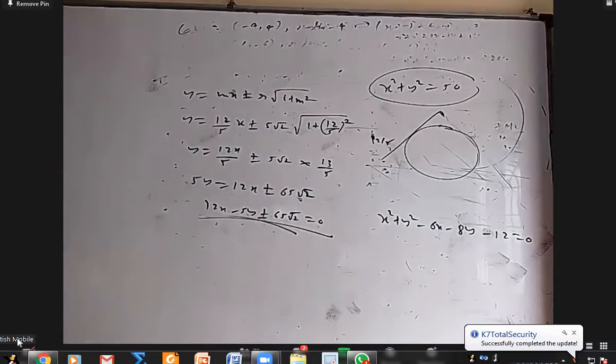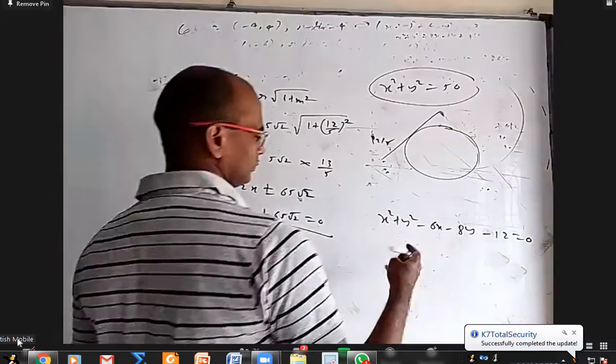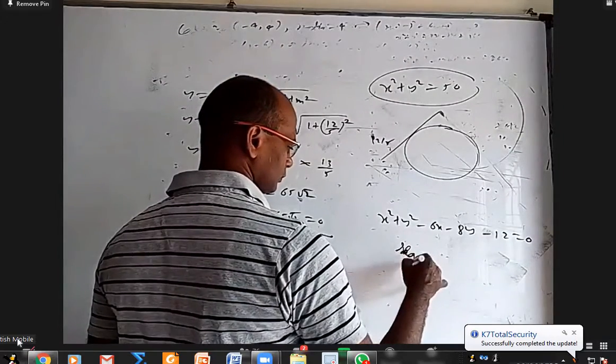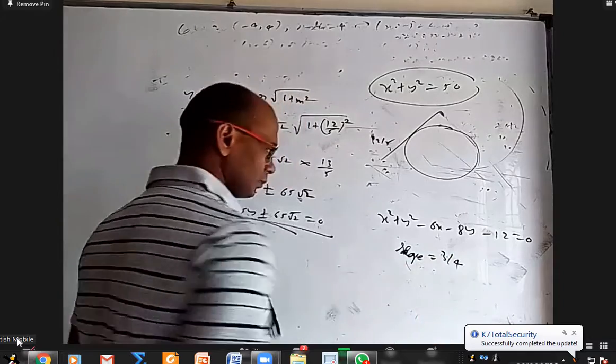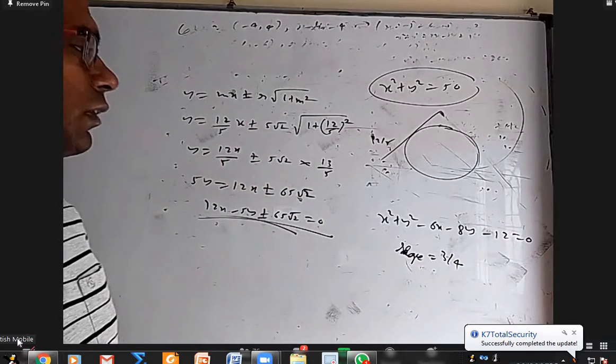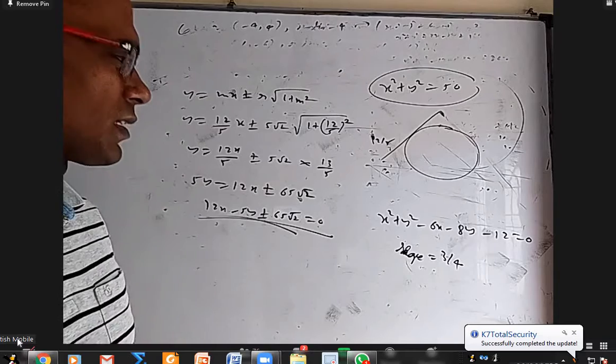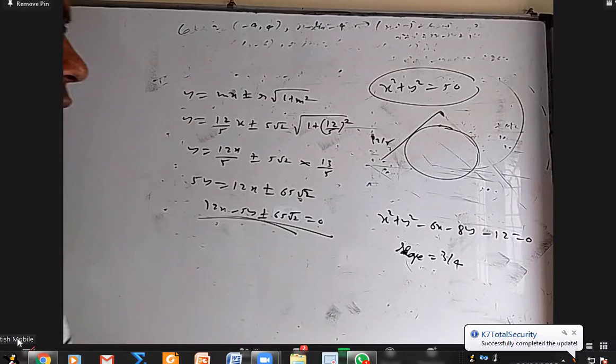Not radius, sorry. Having slope 3 by 4. Find the equation of tangent to the circle x square plus y square minus 6x minus 8y minus 12 equal to 0, having slope 3 by 4.